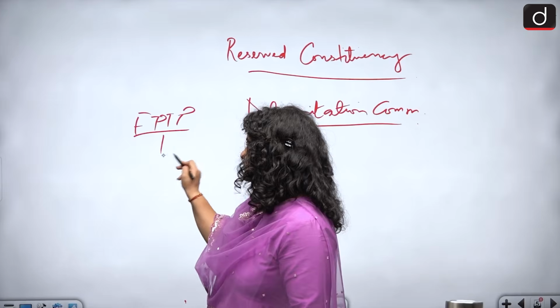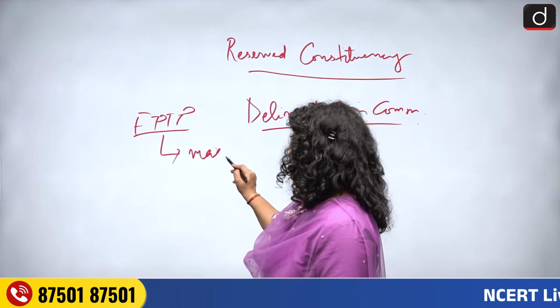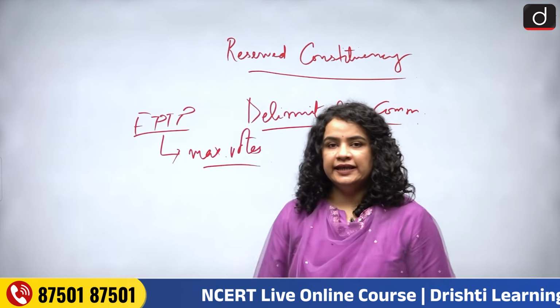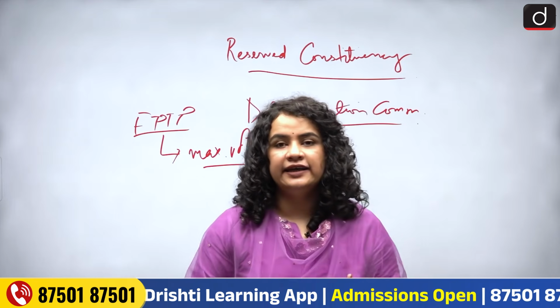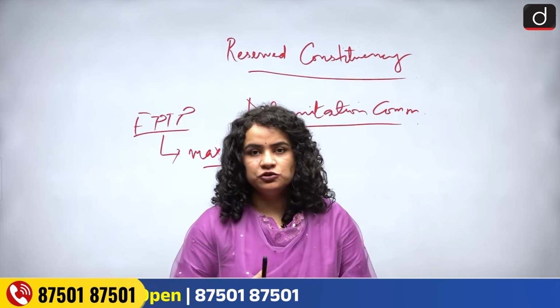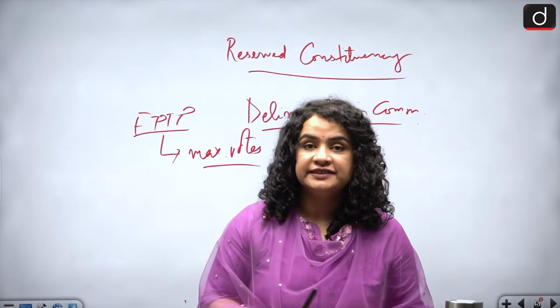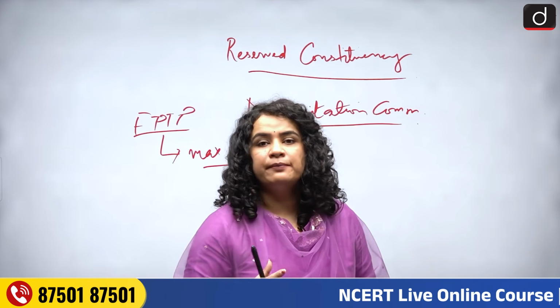Here, a candidate who secures the maximum votes or the majority, let's say maximum votes, wins the election. But it is very likely that a candidate who has more influence by virtue either of his religion or of his community in some form or of his caste, particularly in India, where caste discrimination plays a very important role.